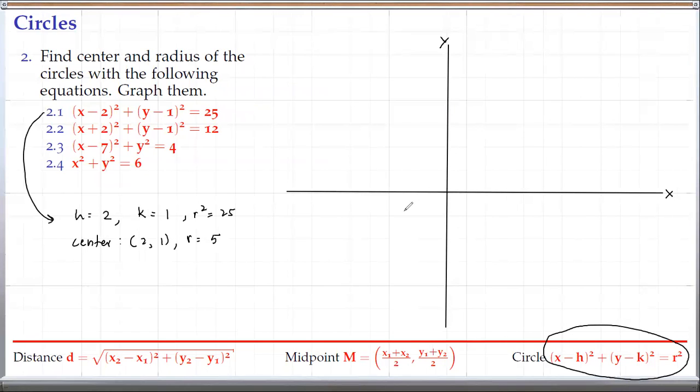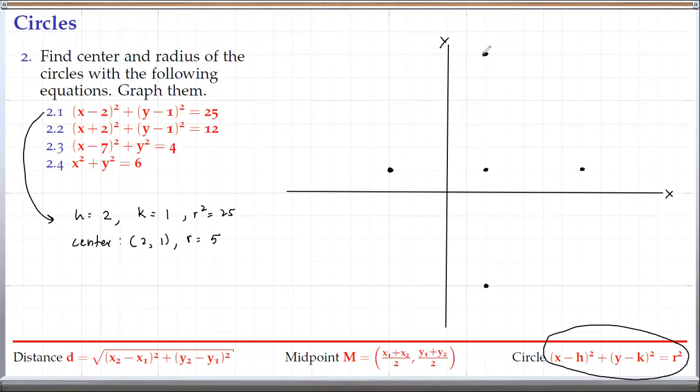Now we can try to graph this circle. So the point 2, 1 is right here. And we are looking at radius 5. So we go 5 units on all sides from this point. We go down here, up here, here, here.